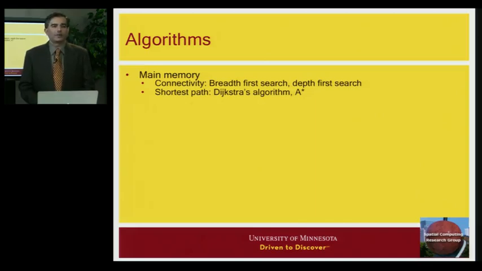It's also taught in operations research, geography, and so on. Those of you who might have taken an artificial intelligence course might have seen another algorithm called A-star, and we will at least look at these two in our discussion. Now it turns out that if your data is primarily on disk, some of these algorithms have to be adjusted for the I/O cost.